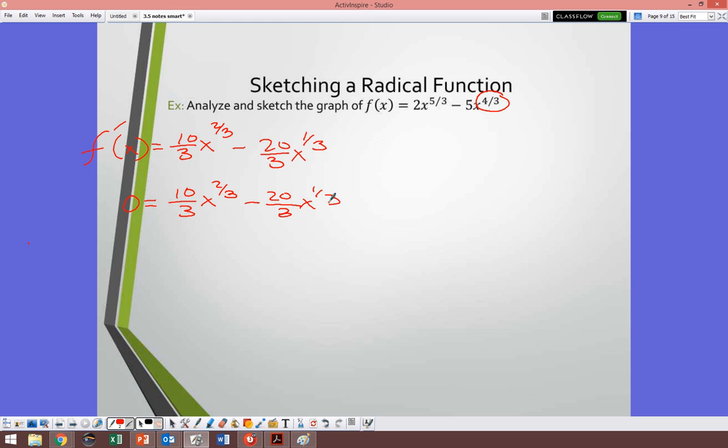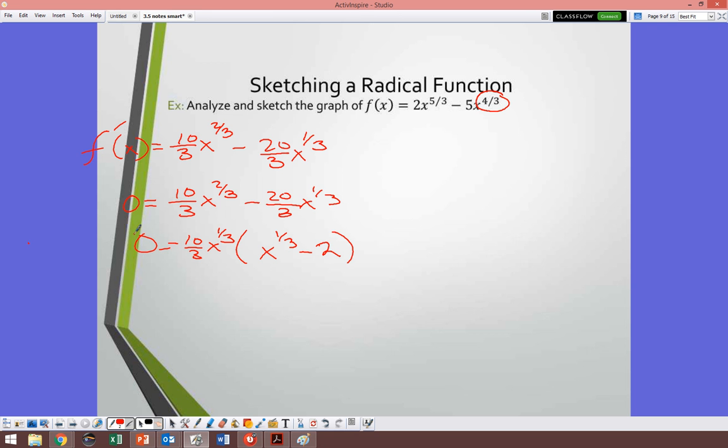I'm going to take out 10/3 x to the 1/3, and I'm going to be left with x to the 1/3 minus 2. I took out 10/3, right? So I'm going to have 2. That makes sense.